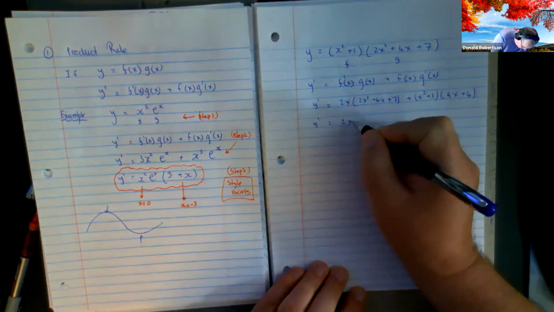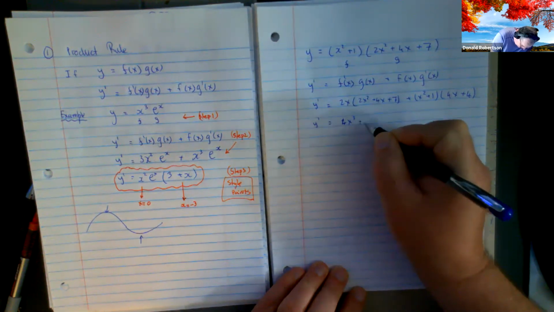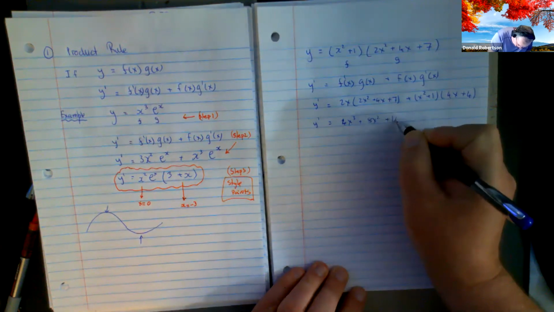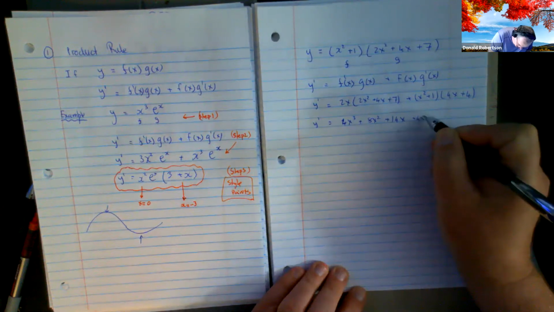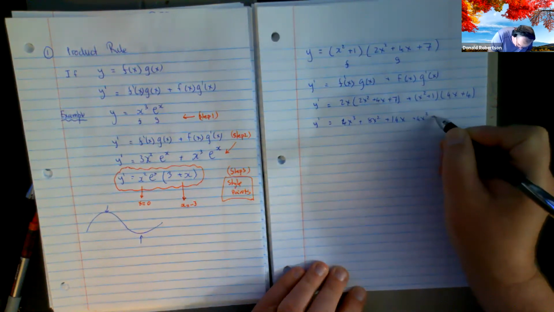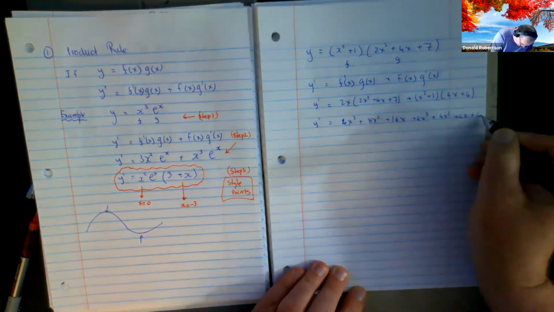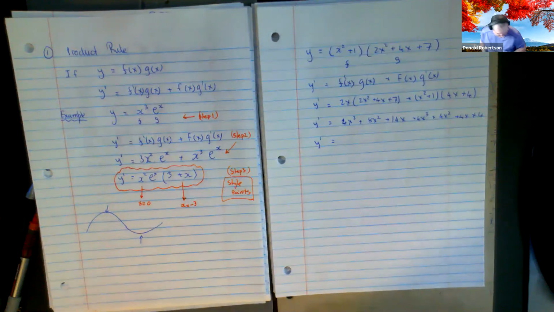Oops, that's a 4. So that times that is 4x cubed, 8x squared, 14x. This is going to be a FOIL, so that's going to get me 4x cubed plus 4x squared plus a 4x plus a 4. And in this case, it's going to be collect like terms. So what have I got?